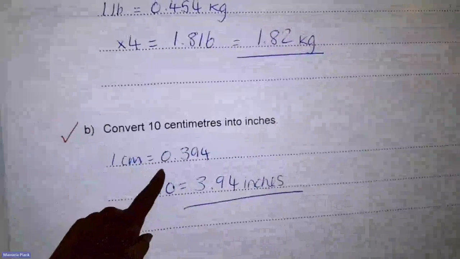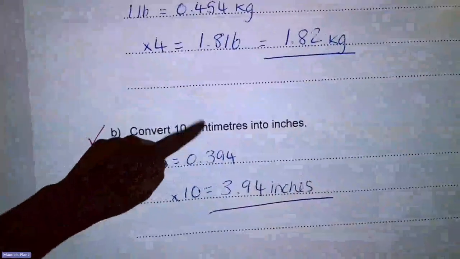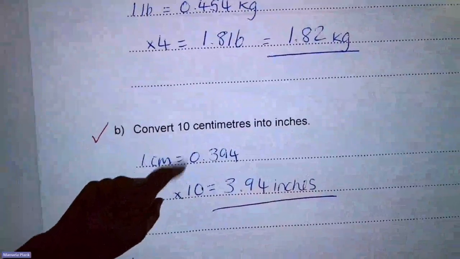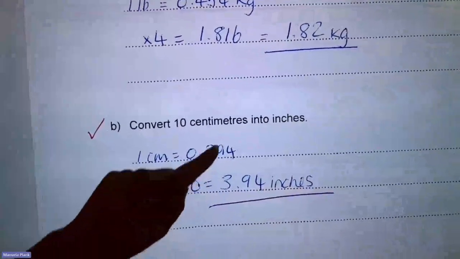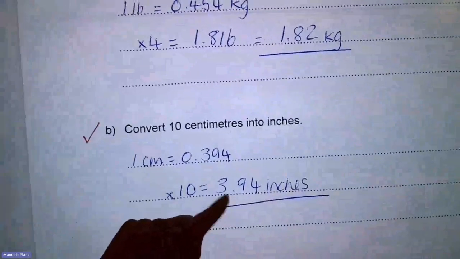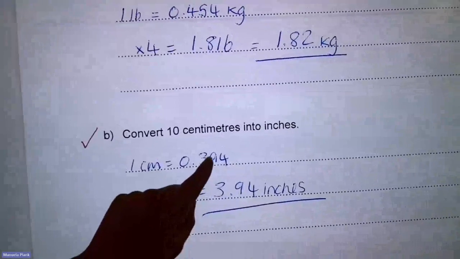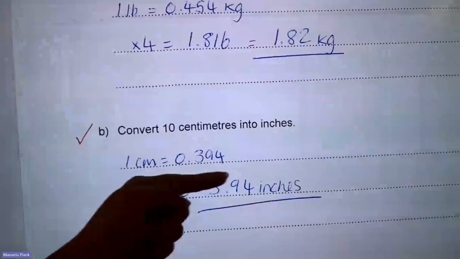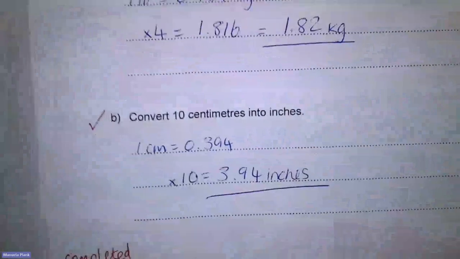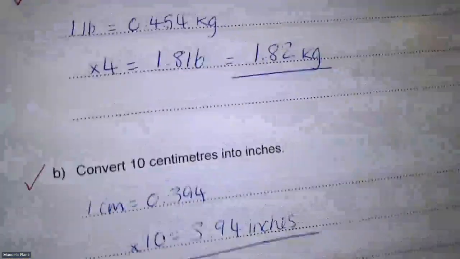So if we were to calculate 10, that means times 10. So this number times 10 equals that number. We just shift the dot from here. We take that dot and shift it to the right side once, because the 10 has 1 zero, so once into that direction.